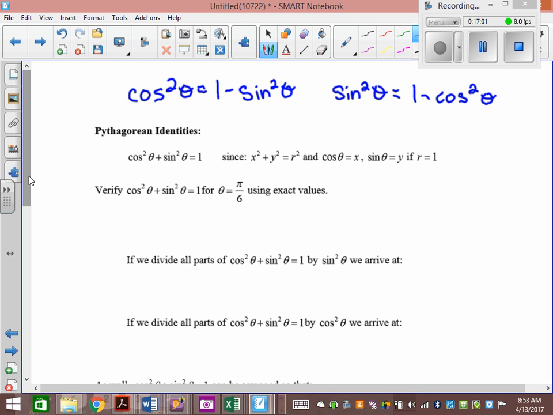Verify that this works. If they say this on the diploma, they literally just want you to plug this in and see if left side equals right side. So we're going to go cos squared pi over 6 plus sine squared pi over 6 equals 1.